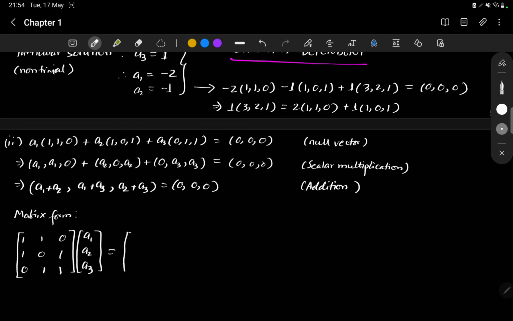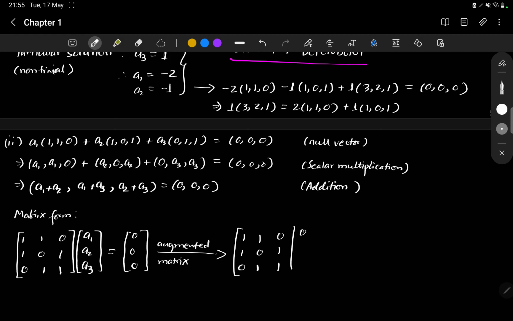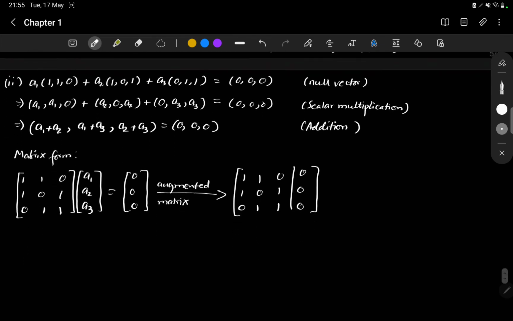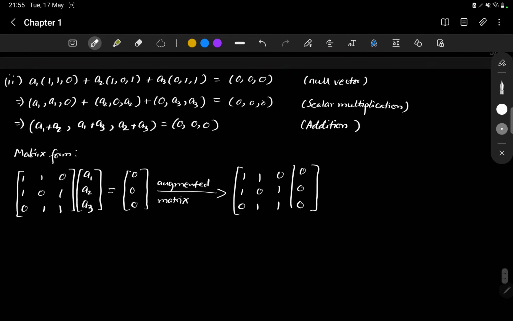This is equal to the null column. So again, in the augmented matrix format, we will not write the variable column, we will just write the coefficient and the null. Again, we will use row reduction operations.